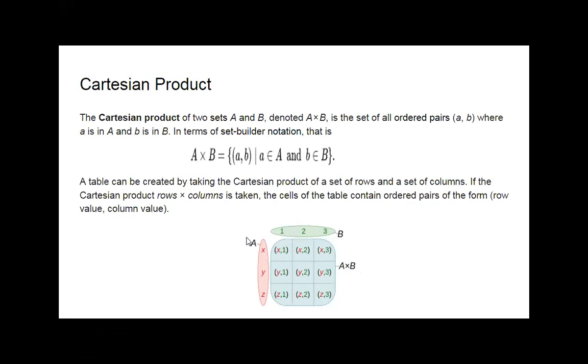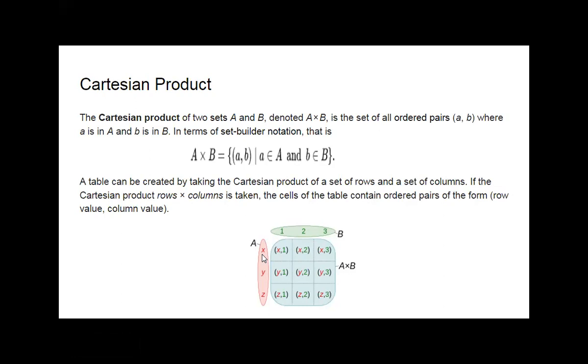So how we are going to consider it: in this cell, it will be X and 1. Then in the second, horizontally we consider X, and vertically we consider 2. Then X comma 3.